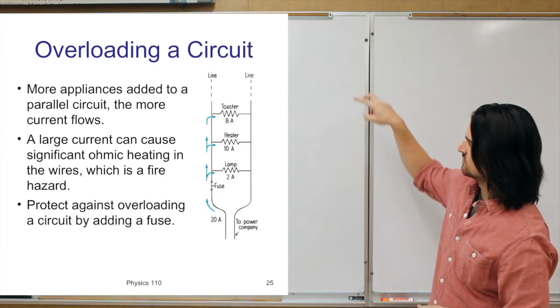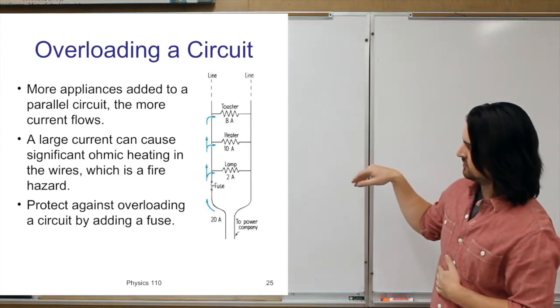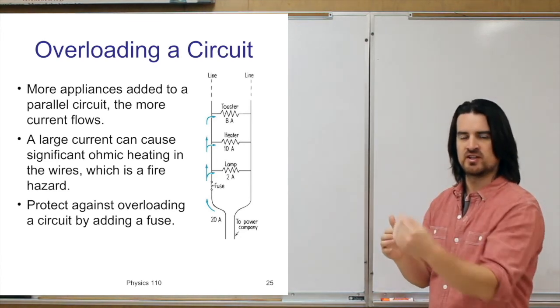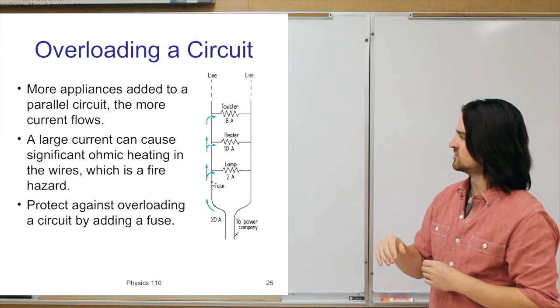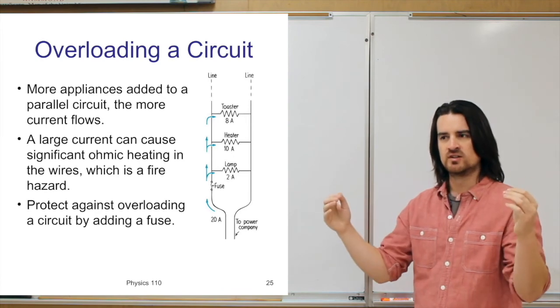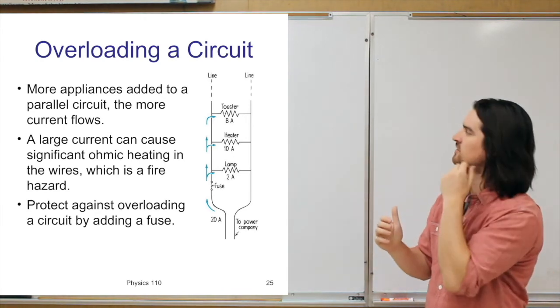And all of these components are connected in parallel with each other. So what that means is that since they're in parallel, they can each draw their own current. They can siphon off current along the way. And since they're not in series with each other, when you add more and more, you won't get less and less current because you won't have a buildup of resistance in a single path.